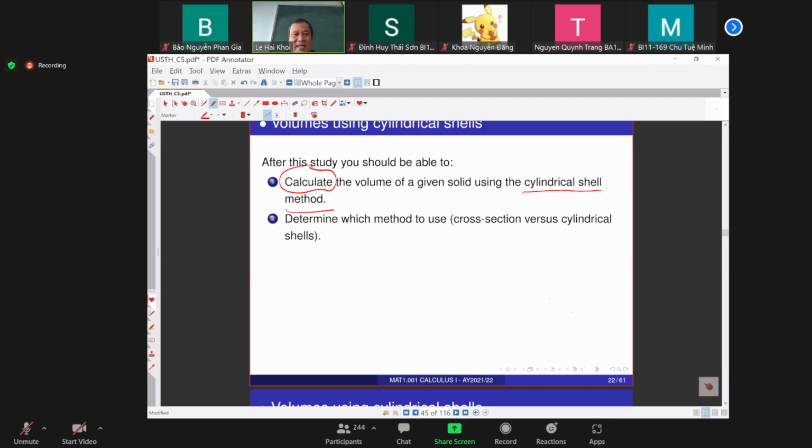In this case, you should think about which method is simpler to compute. It doesn't mean that cross-section is always simpler. No, the formula is simpler. But how to get this formula? You should be careful with that.